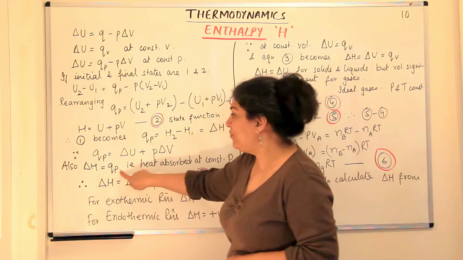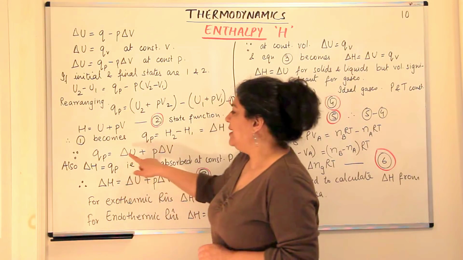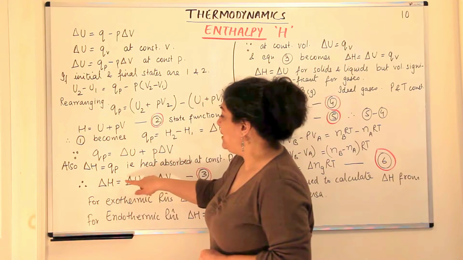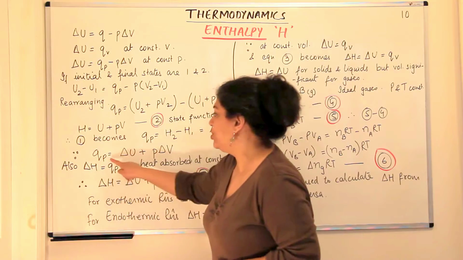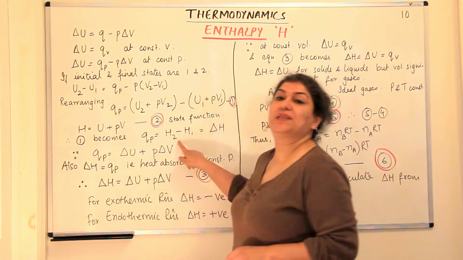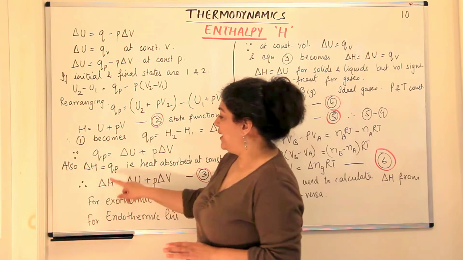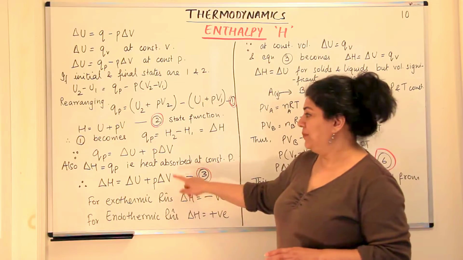So QP is equal to delta U plus P delta V, and QP is also equal to delta H, which means that delta H is also equal to delta U plus P delta V, right? So we can write that delta H is equal to delta U plus P delta V.